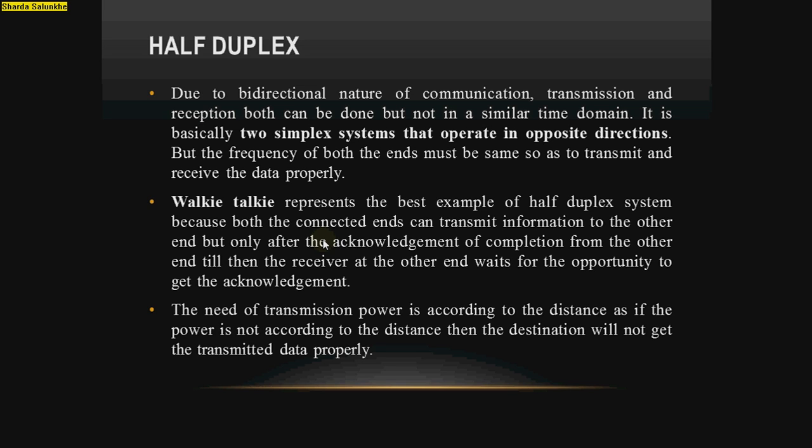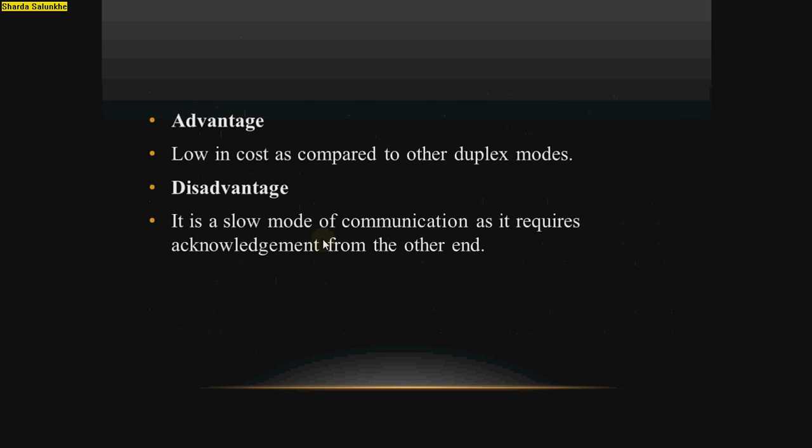The walkie-talkie represents the best example of a half duplex system, because both connected ends transmit information to each other, but only after acknowledgement or completion from the other end, while the receiver at the other end waits for the opportunity. The transmission power needed depends on the distance, because if the power is not according to the distance, then the destination will not get the transmitted data properly. So this is the half duplex system.